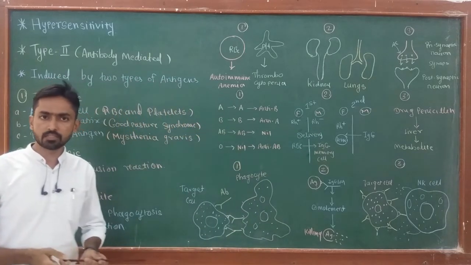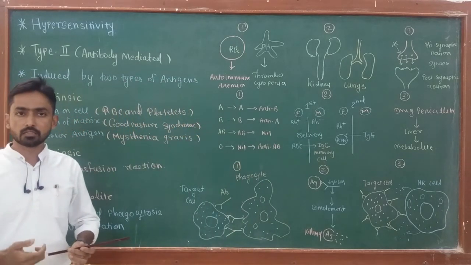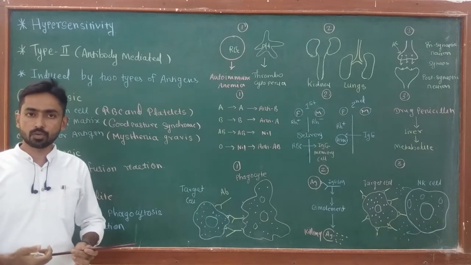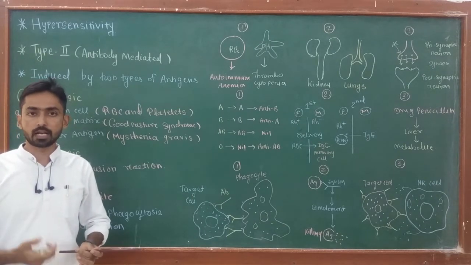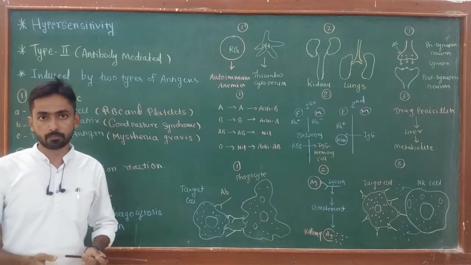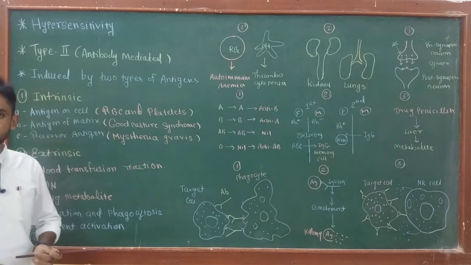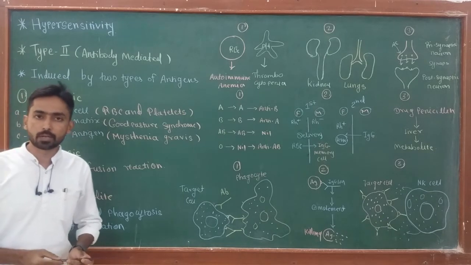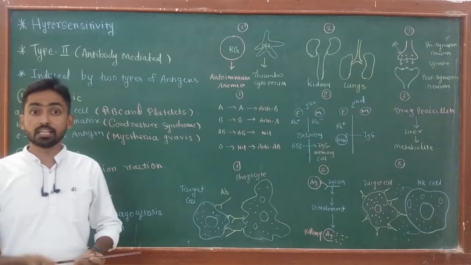We know that hypersensitivity reactions are the inappropriate, excessive reaction of the immune system that leads to damage to the host cell or host organ. Okay, in type 1 hypersensitivity, an important role is played by mast cell and IgE antibody.